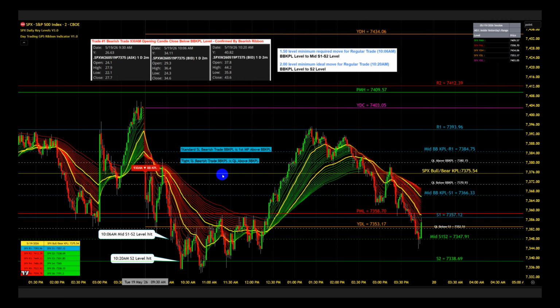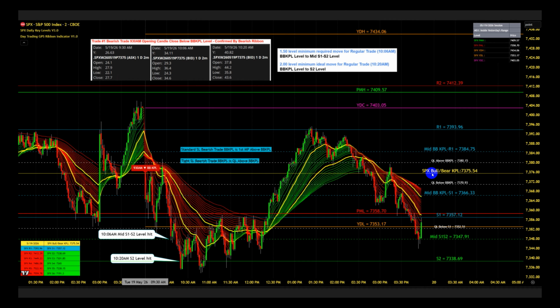Now on this particular trade, you have two different stop losses that you can choose from when utilizing this indicator: either a tight stop loss or a standard stop loss. The standard stop loss is the recommended one, which is why it is called the standard. For those that prefer a tight stop loss, on a bearish trade it is the QL above the level that you're taking the trade from.